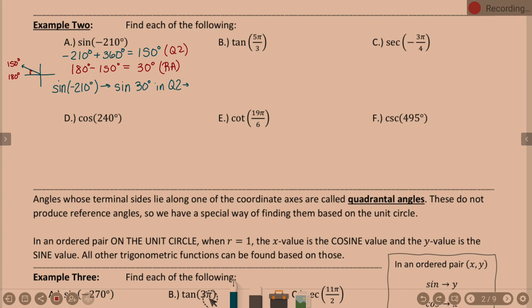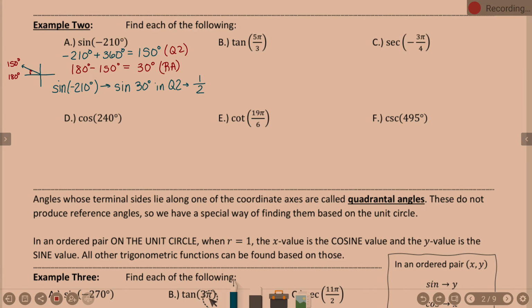So now I'm going to my chart, and then I'll need to think about whether it is positive or negative based on the quadrant. First of all, what is the sine of 30 degrees according to my chart? Sine of 30 is 1/2. Everyone there?